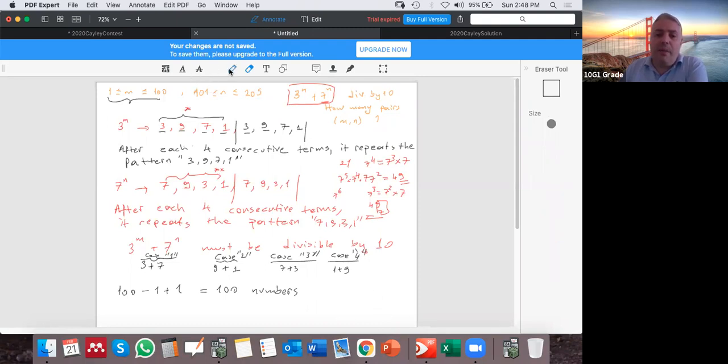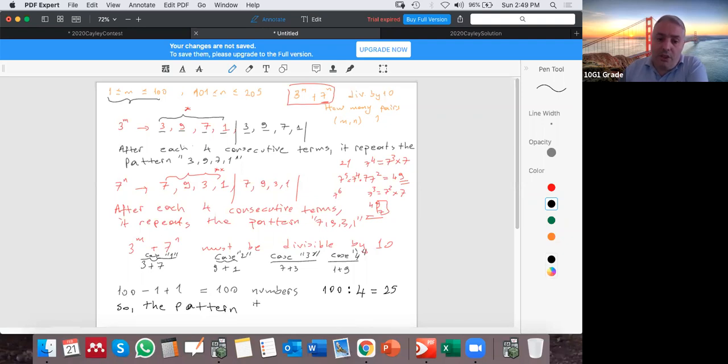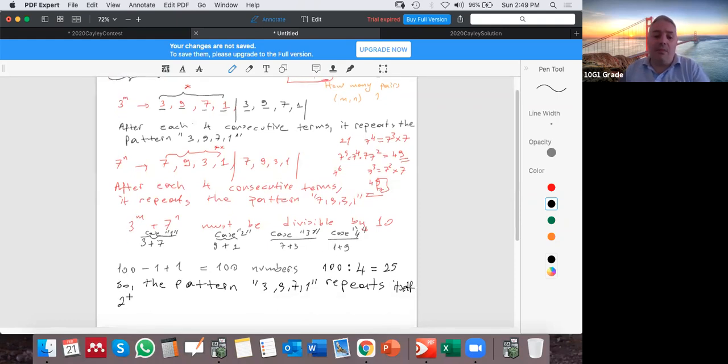Now, be careful here. Each fourth term repeats itself. So if I have 100 numbers, how many times does it repeat itself? Can I find it by dividing by 4, which is 25? Can I say this? What do you think? So the pattern 3, 9, 7, 1 repeats itself 25 times.